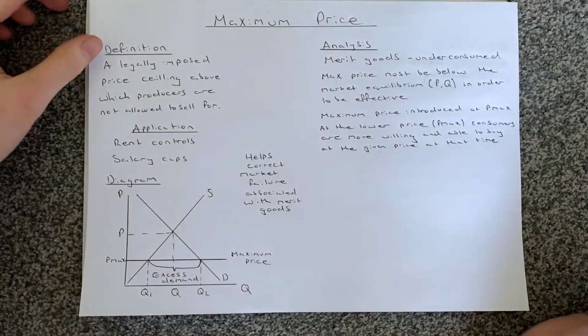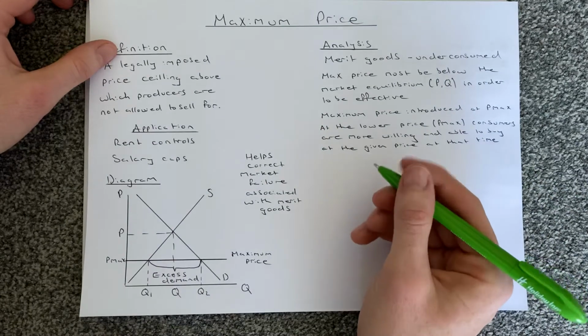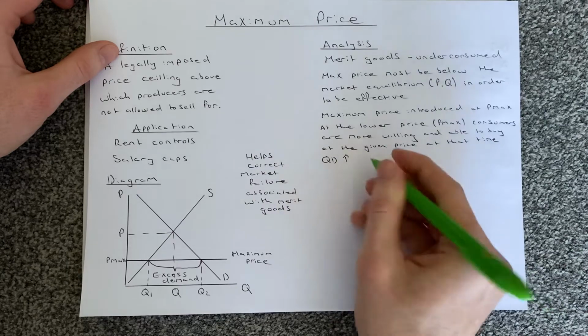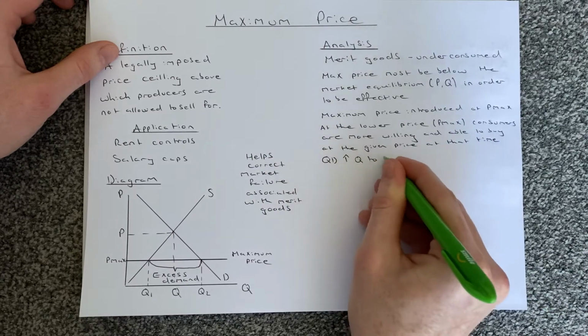Okay, so what this means is the quantity demanded increases from Q to Q2.